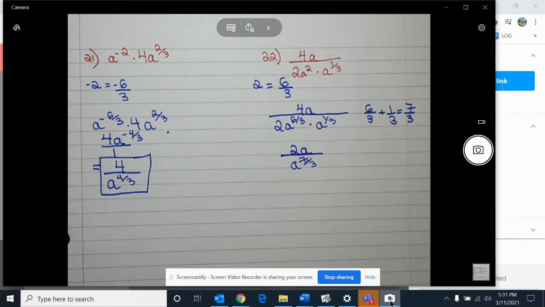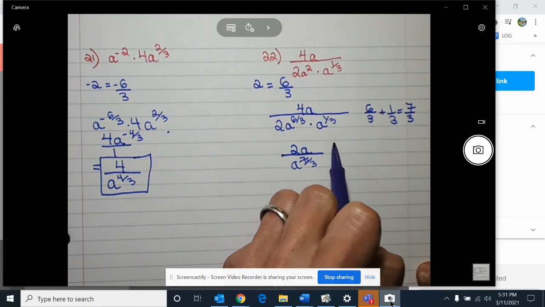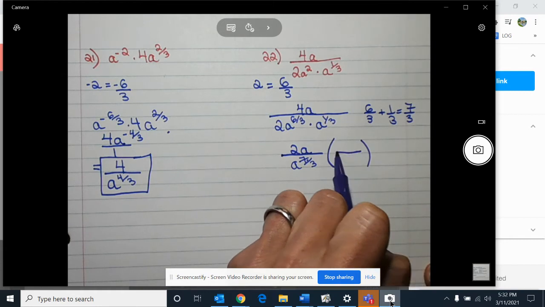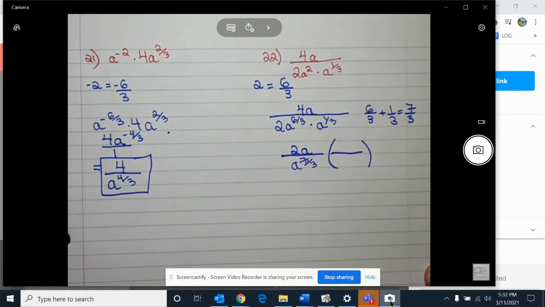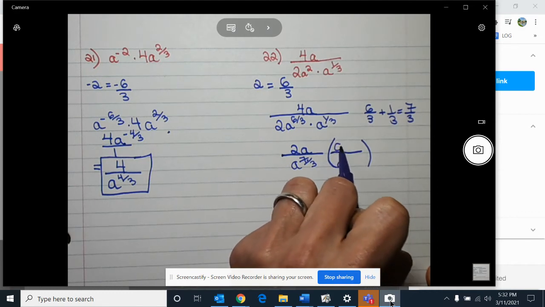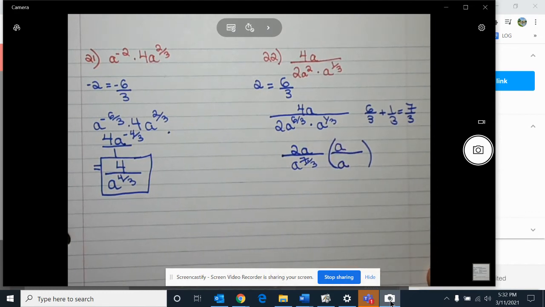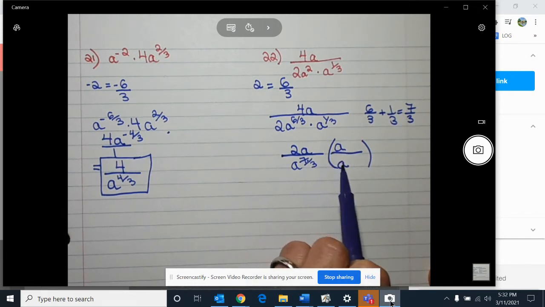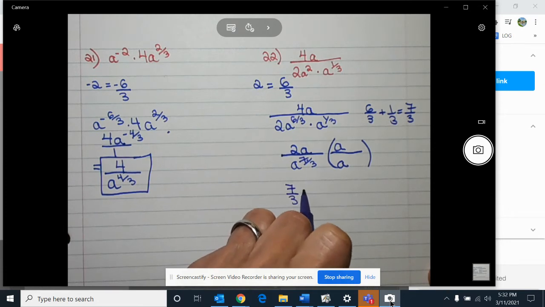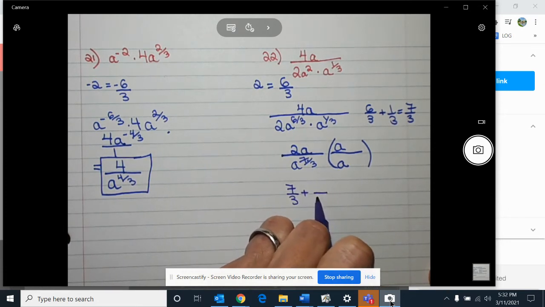Okay, now here's where things get tricky. We need to multiply both the numerator and the denominator by a to some power. And what we want to do is add a fraction over 3.